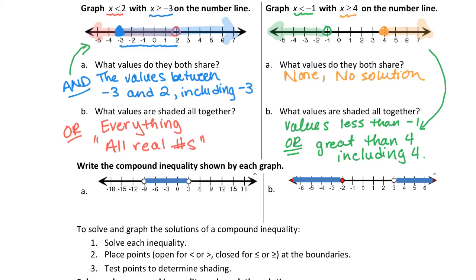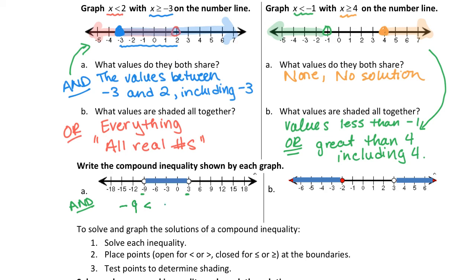Here's how we write a compound inequality, and it's actually quite easy. This one, by the way, would be considered an AND. You can see it's between -9 and 3. I sometimes like to call this one a sandwich. You're going to write the -9, which is the lowest number, so that's going to be less than, with no equal sign.